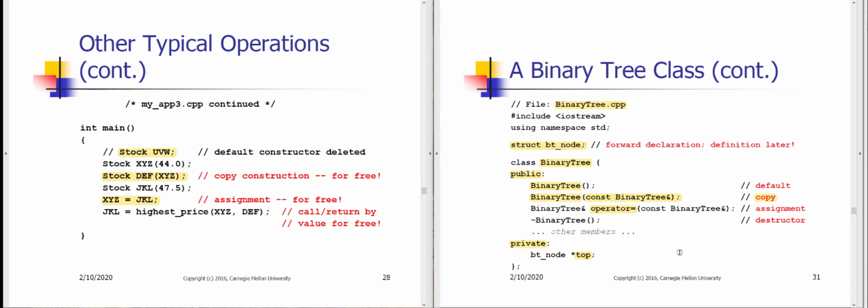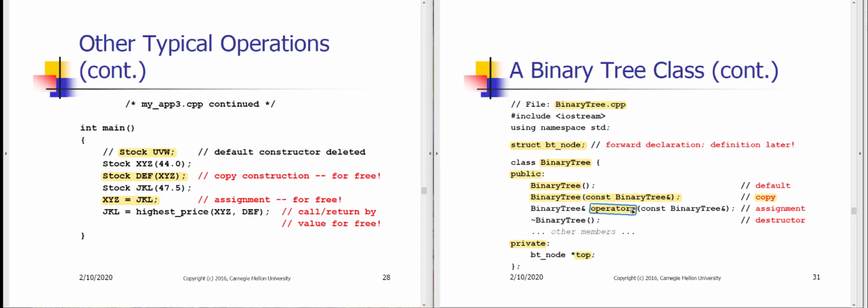That is actually going to invoke a member function, and the name of a function that specifies how some operator symbol, like the single equal sign, is implemented, is given this special name, operator equal. If it made sense to define how multiplication works for binary trees, then we would have a function whose name was operator star.